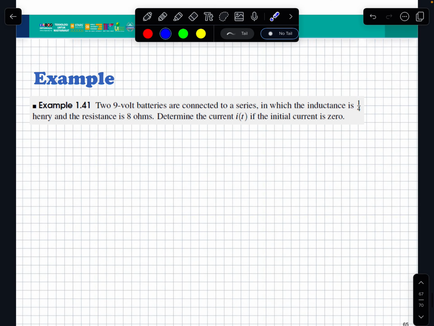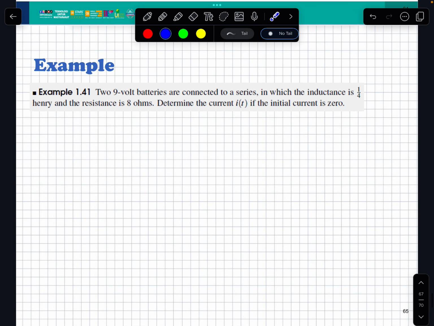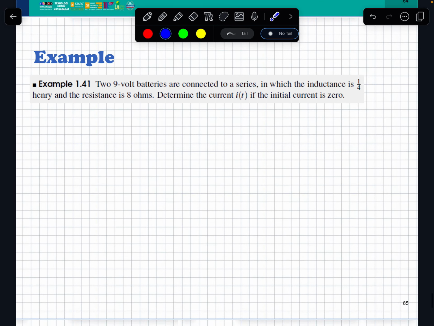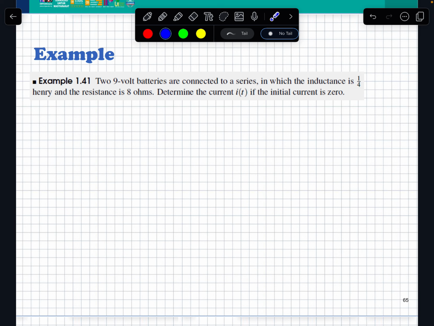So we want to solve example 1.41. Two 9-volt batteries are connected in a series in which the inductance is 1/4 henry and the resistance is 8 ohms. The initial current is 0.